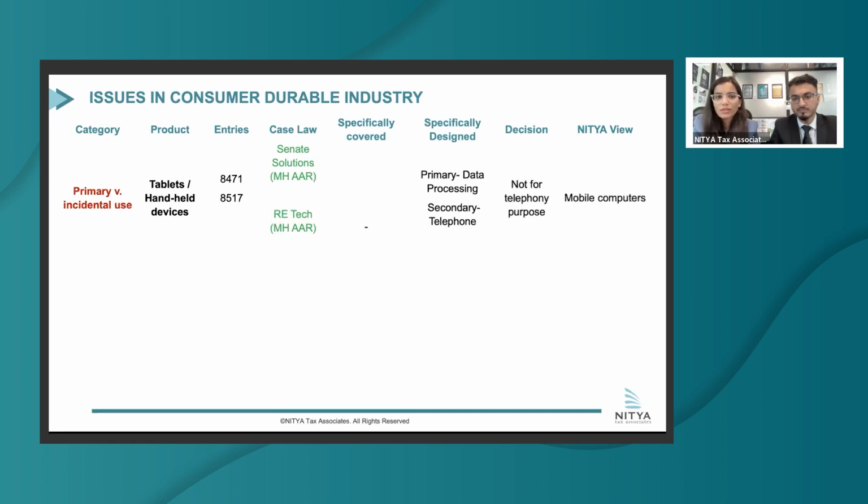In our view, these rulings are correct, but here we would like to highlight that if we talk about today's time, even a mobile phone is an ADP machine. It contains all the functions that you can perform from a computer, you can perform from the mobile phone as well. So one of the major aspects under HSN classification or classification of goods is that we need to see the technology advancement and upgradation as well.